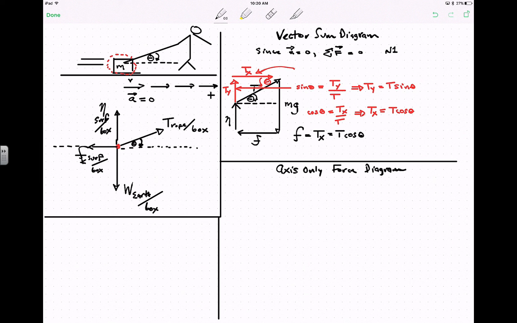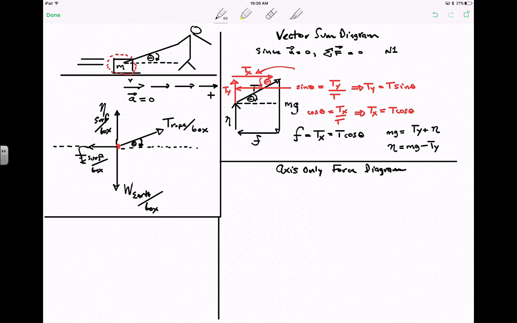From the other part, I can write the equation mg equals Ty plus N. If I gave you tension and mass, you would be able to find normal, which in this case is mg minus Ty. What I like about drawing a vector sum diagram is its elegance and simplicity.